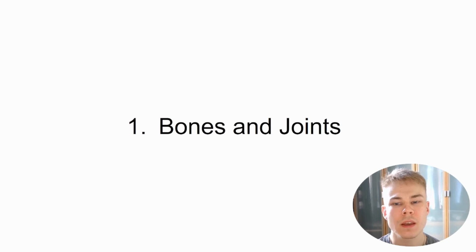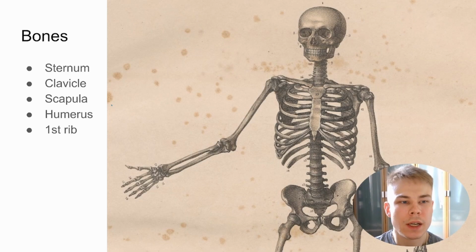So let's start with the bones and joints, and we'll end up with a bit of a definition of what the shoulder actually means, because we need to be able to define that. So the bones that we need to know in order to understand the shoulder are the sternum here with its three parts, the manubrium, the body, and the xiphoid, but we'll focus mostly on the manubrium.